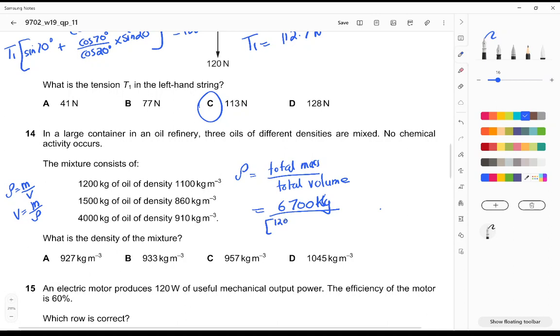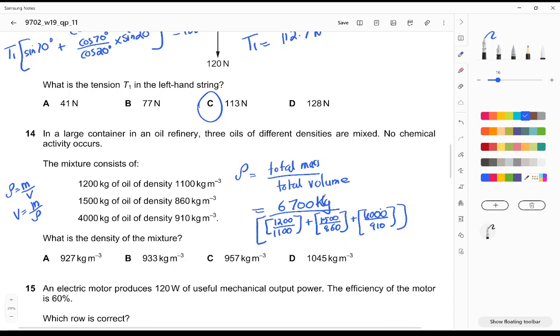So 1200 divided by 1100 plus 1500 divided by 860 plus 4000 divided by 910. Okay, so this is the combined volume.